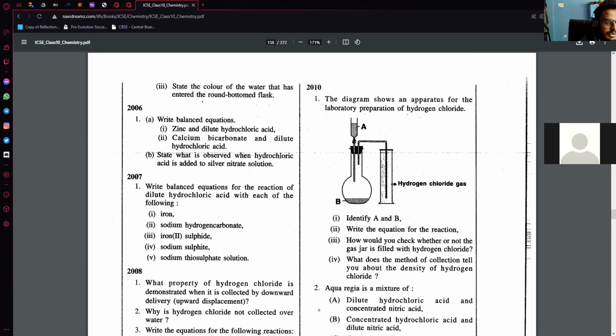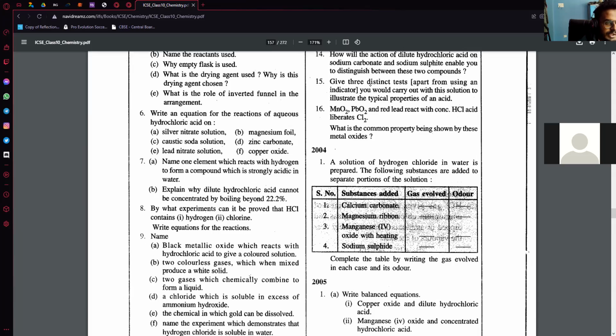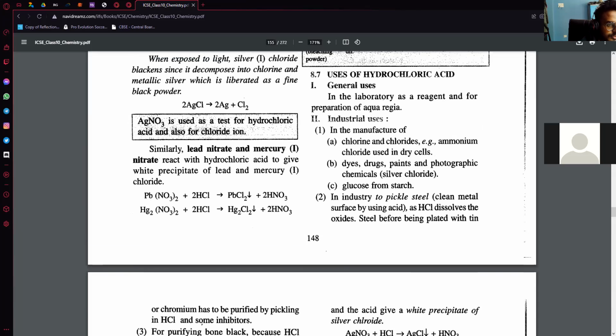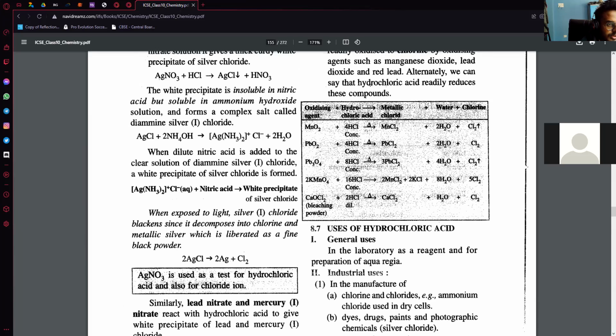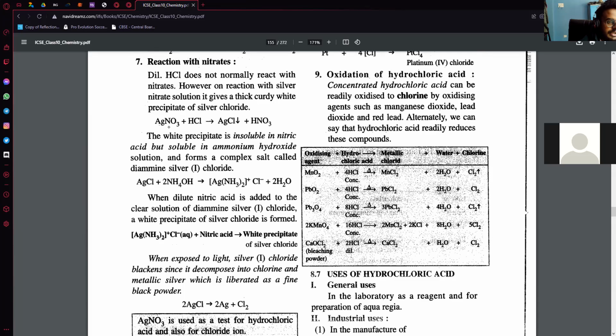I had taught this. Reaction with nitrates: it reacts with silver nitrate to form a white precipitate, insoluble in nitric acid. So when silver nitrate is reacted with hydrochloric acid, a white precipitate of silver chloride is formed.